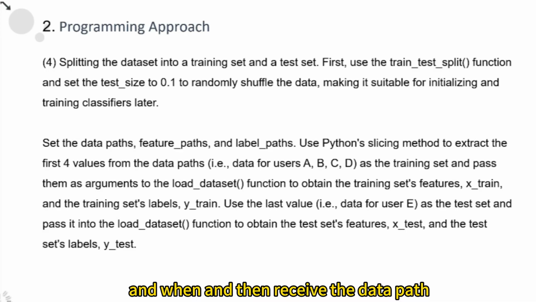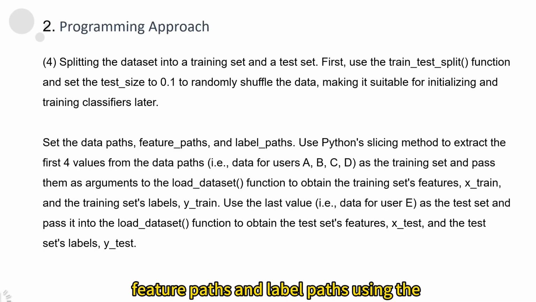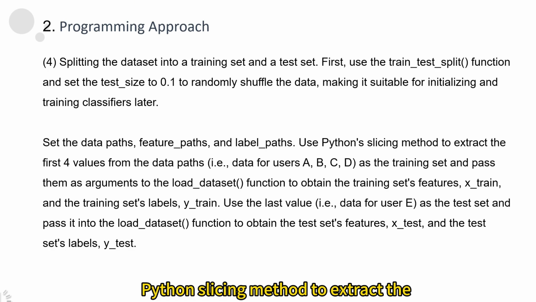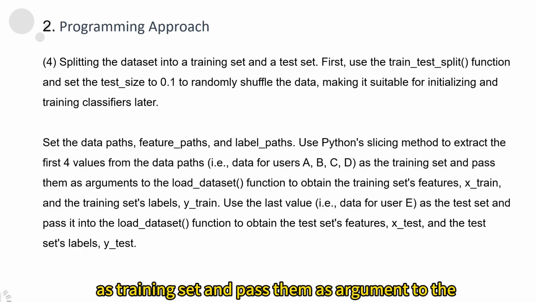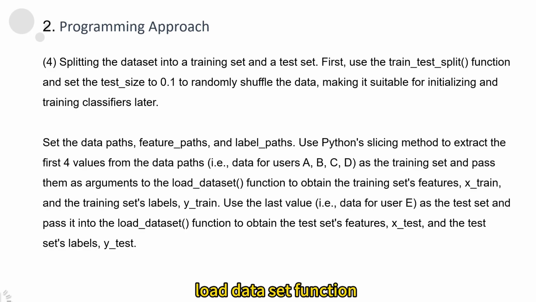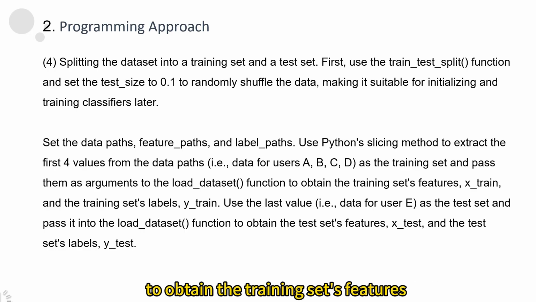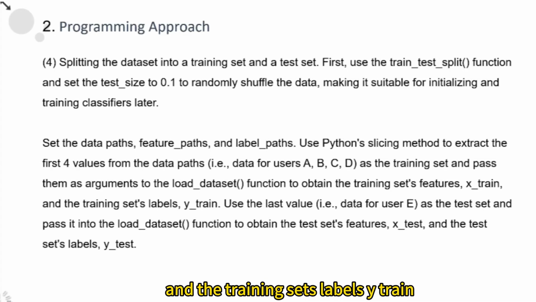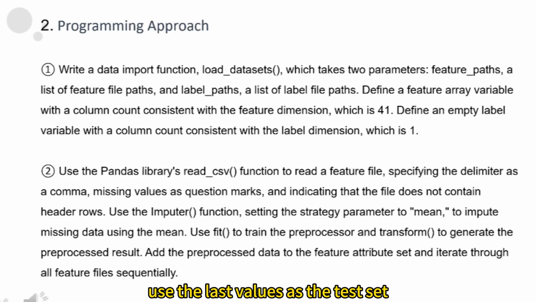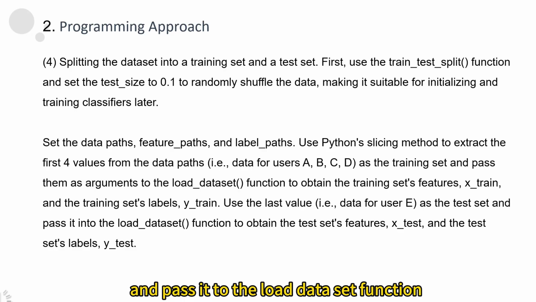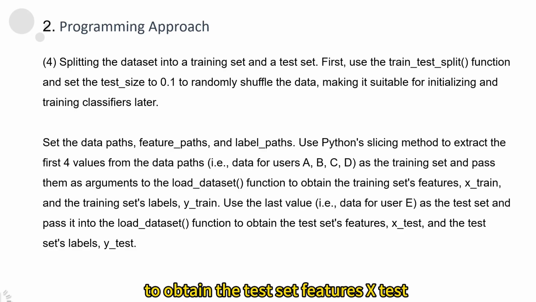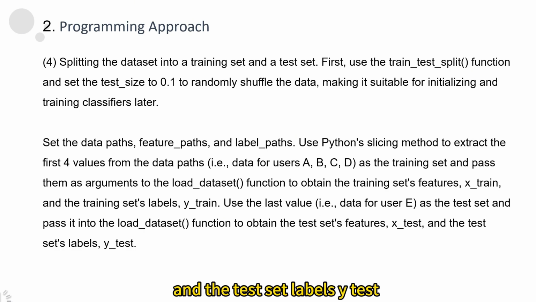And then receive the data paths, feature paths, and label paths, using Python slicing to extract the first 4 values from the data paths as the training set and pass them as arguments to the load dataset function to obtain the training set's features xtrain and the training set's labels ytrain. Use the last values as the test set and pass them to the load dataset function to obtain the test set features xtest and the test set labels ytest.